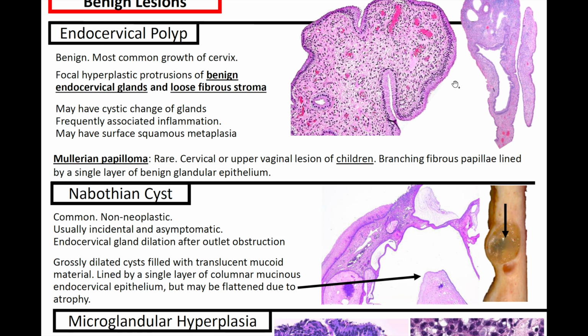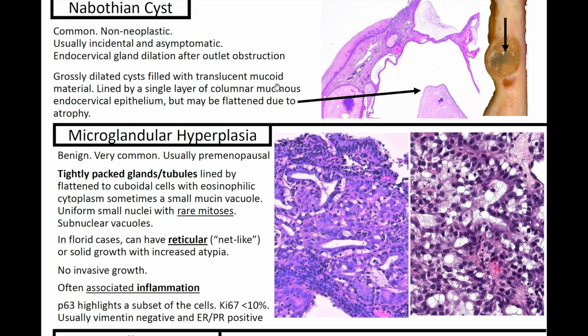They may have cystic change of the glands, as shown here, and there's frequently associated inflammation. May have surface squamous metaplasia, and you can have a Mullerian papilloma, which is a rare cervical or upper vaginal lesion of children with branching fibrous papillae lined by a single layer of benign glandular epithelium.